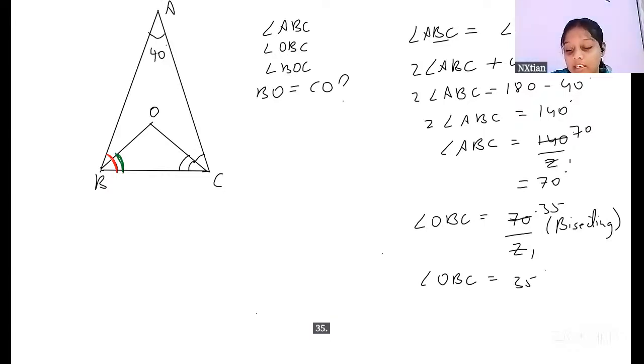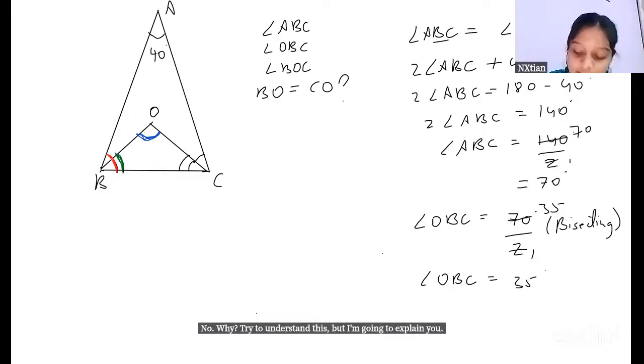Then I'm having angle BOC, after calculating BOC. Which angle? This one. This angle I have to calculate. Now OBC I know is 35, so OCB will also be 35, because it's a triangle inside. Try to understand what I'm going to explain now.